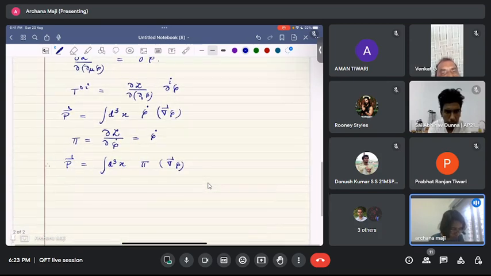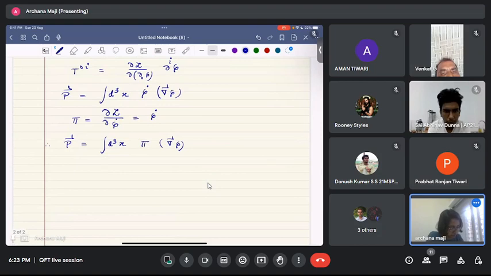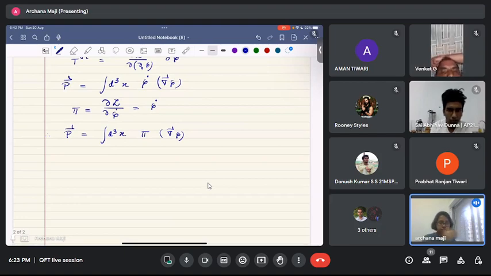Okay. Now recall what the field operator and the corresponding conjugate momentum were. We did the quantization in our second session, where we wrote down the quantization of the real Klein-Gordon field.